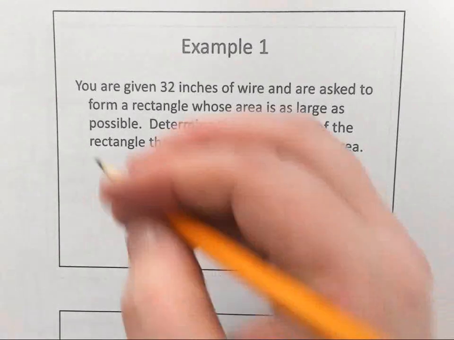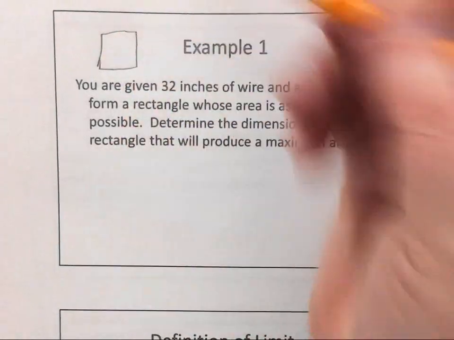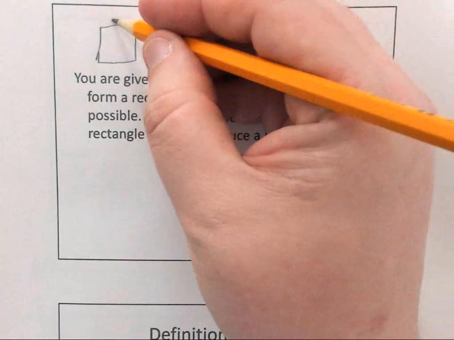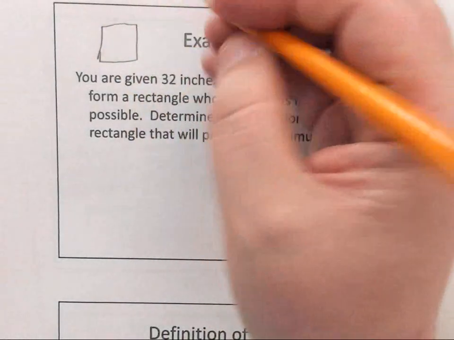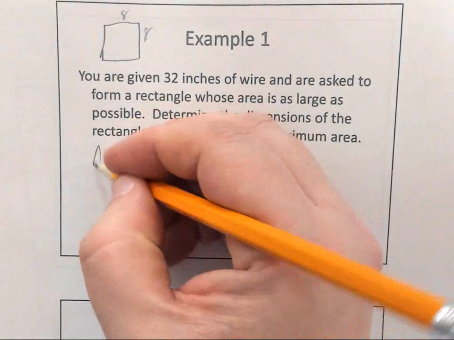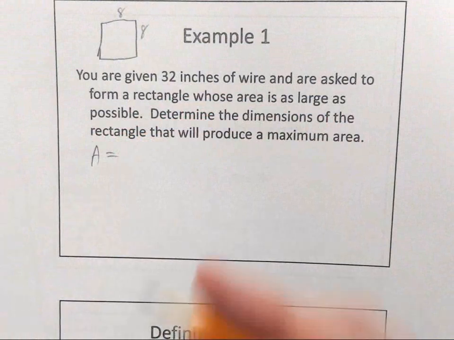32 inches of wire means, because honestly, anytime you have no other limitations, it's going to be a square to maximize area. Okay? So 32 divided by 4, each side has to be 8, so you get 8 by 8. The reason for this, and what we'll get into, the way you're supposed to do it, is to create formulas for it.